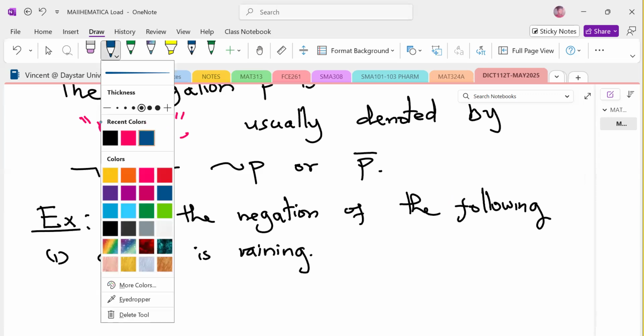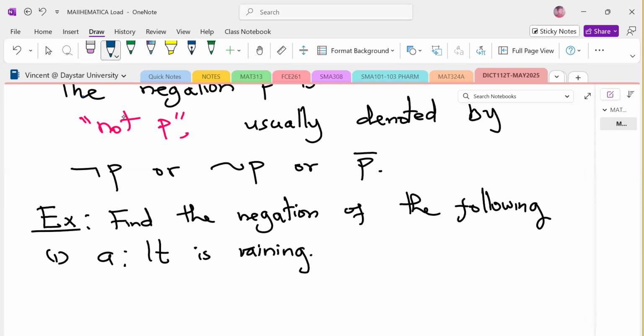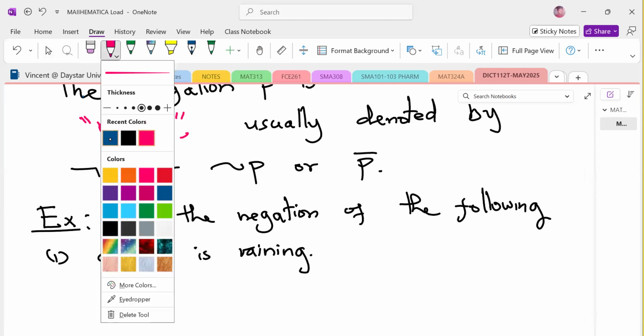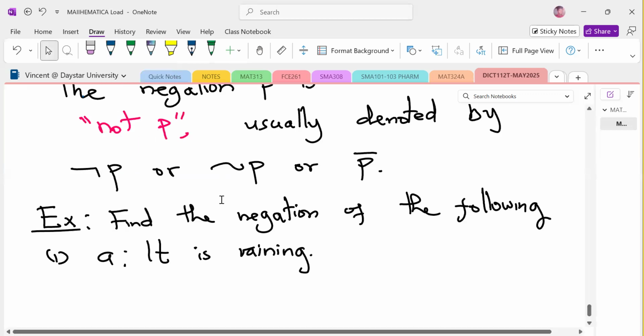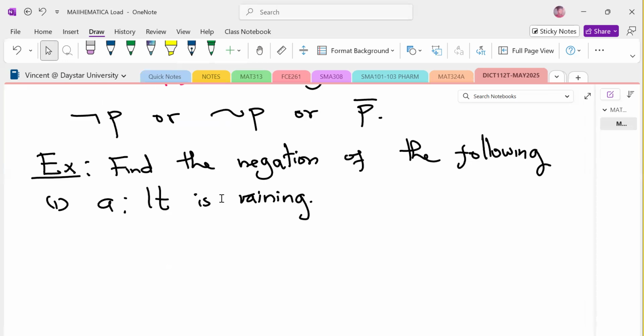Then we'll say it is raining, negation will be... When you deny statement A, then you... correct.